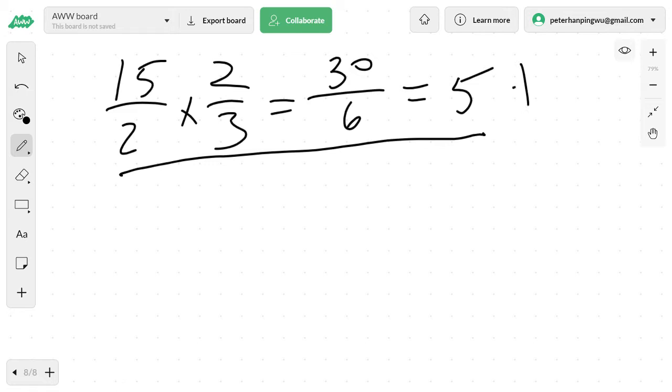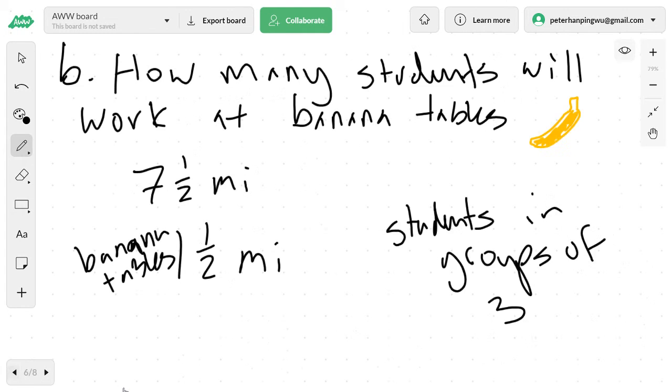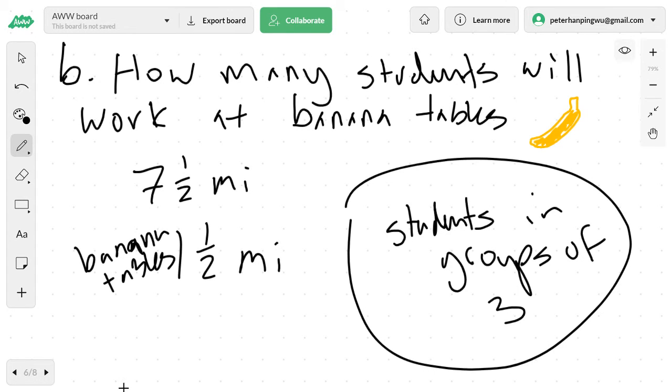So there's 5 tables, but is that what our question's asking us? No, it's not. Our question is asking us how many students are working at banana tables. Well, now we have to go back to our important information. We know that students are working in groups of 3.